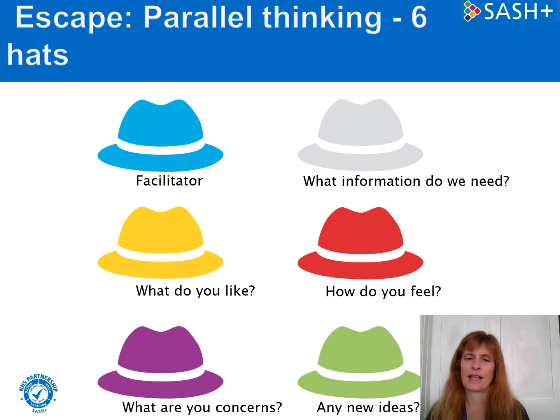Thinking in that way can really help in a team where you might have people who like to just jump in with an idea and rush off with it without thinking about the other details, or somebody who tends to think about things from a very concerned perspective. This approach engages everybody in thinking from a different perspective, a different way, together.